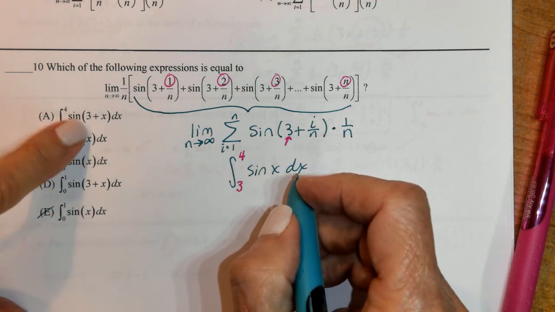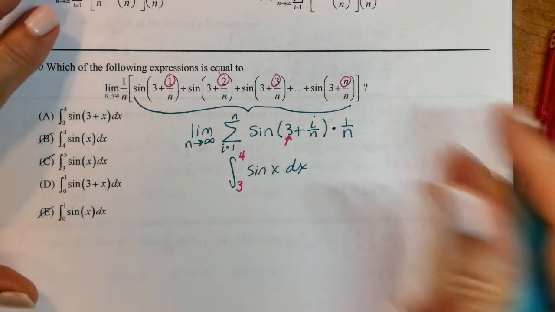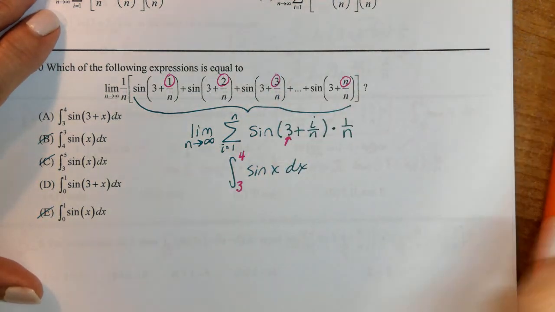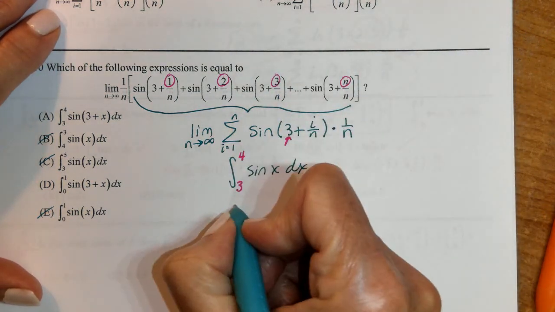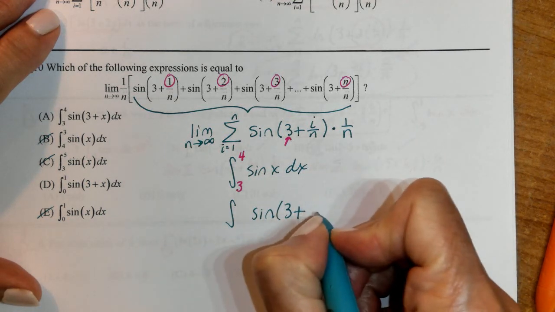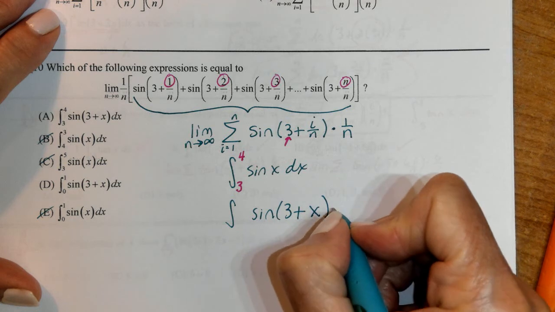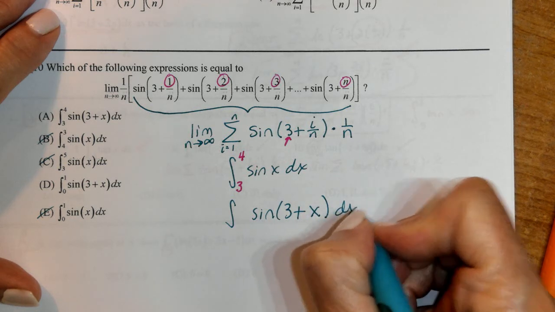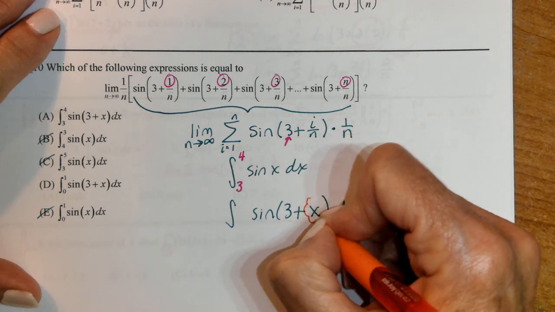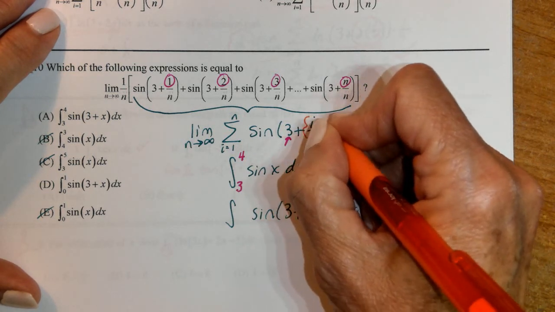So they clearly have left this 3. That's fine. That means I would have the integral of sine of 3 plus x dx. So in place of x, I have just that.